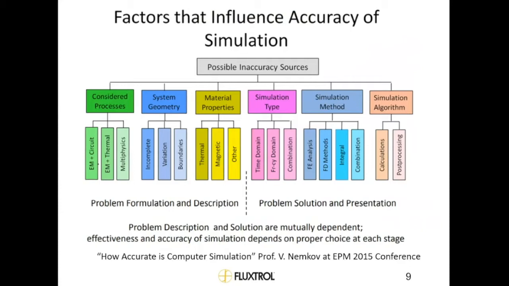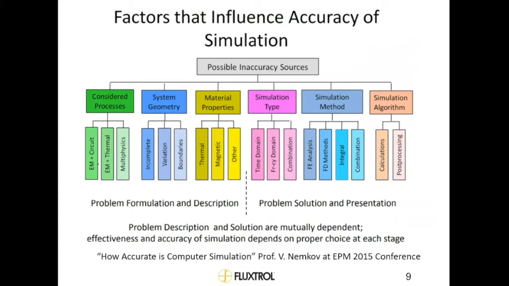It all depends on the process you're considering, how much is going on, how much those multi-physics factors contribute to the results, the system geometry, the material properties, and the simulation type.